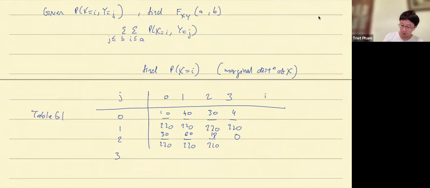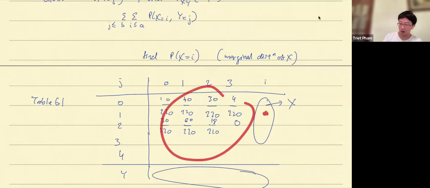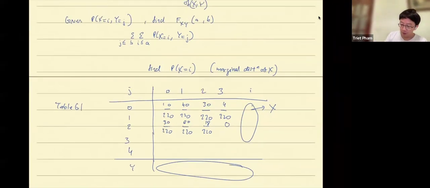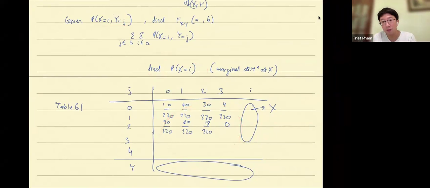So this is the distribution for X. The entries for X are over here, and the entries for Y are down here. And that's why it's called a margin. You have the paper and you calculate this on the margin. That's why it's called a marginal. But anyway, given the joint like this, how do we find the probability X equals some value?